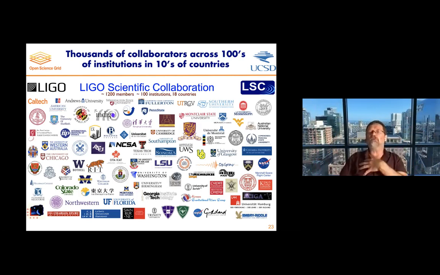My own collaboration at the Large Hadron Collider is 2,000 physicists and another 1,000 engineers across 200 institutions in 42 countries, including India. LIGO is 1,200 scientists from 100 institutions in 18 countries. All of these really big science experiments are really global endeavors.